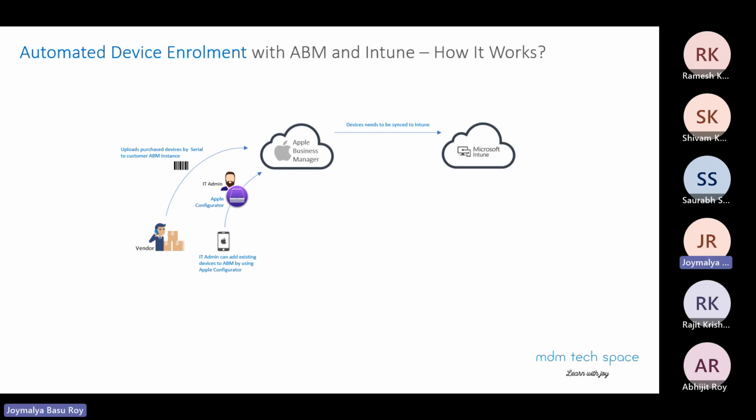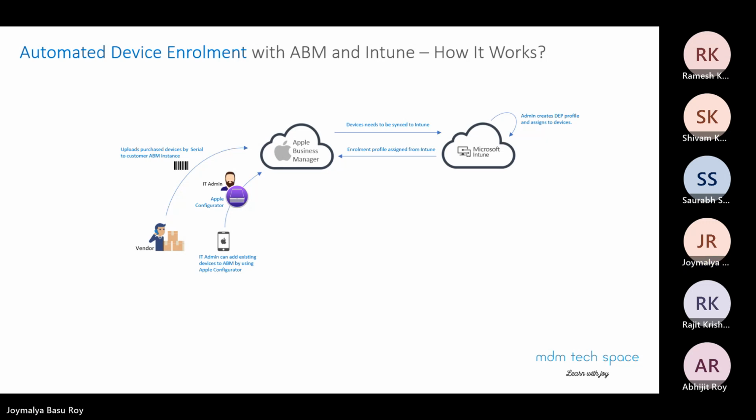So when Intune has the devices synced, you can create the DEP profile and assign the profile to the devices. The same profile will be assigned to the devices on Apple Business Manager by Microsoft Intune. This is the administration part of it.